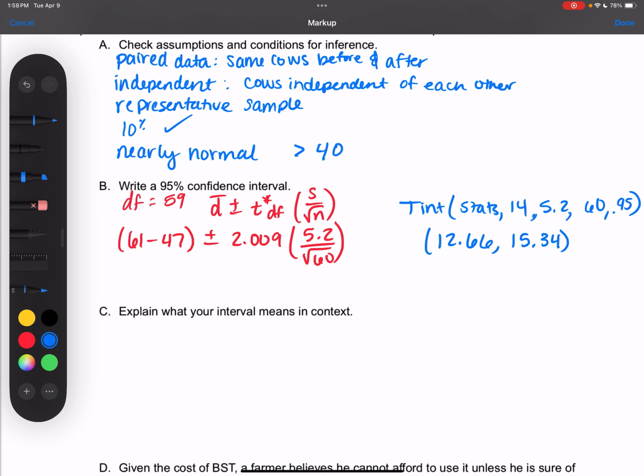So what does our interval mean in context? And remember, this is pounds of milk.